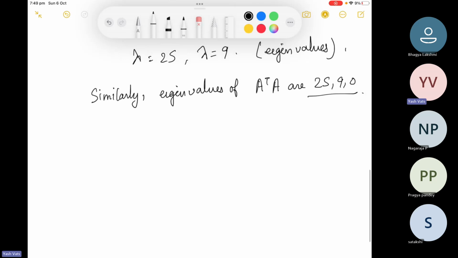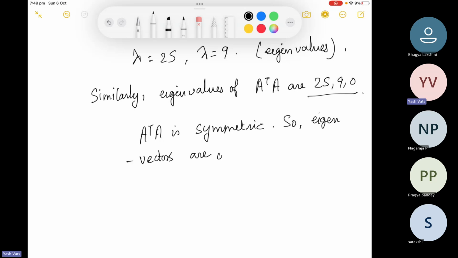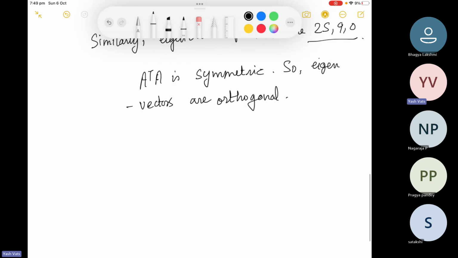A transpose A is a symmetric matrix, so the eigenvectors will be orthogonal. Whatever eigenvectors you get, they are orthogonal.